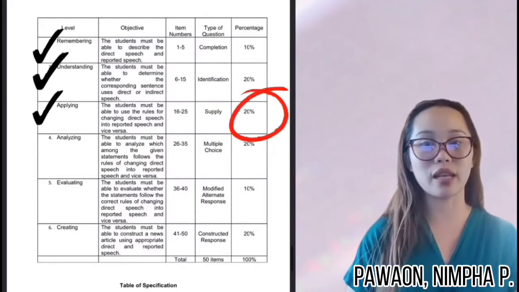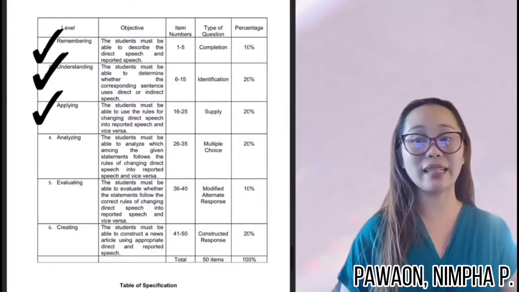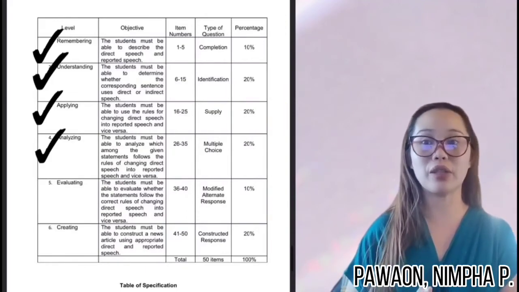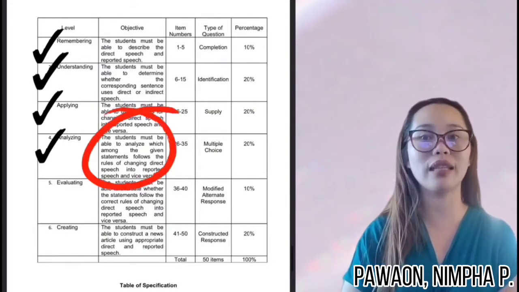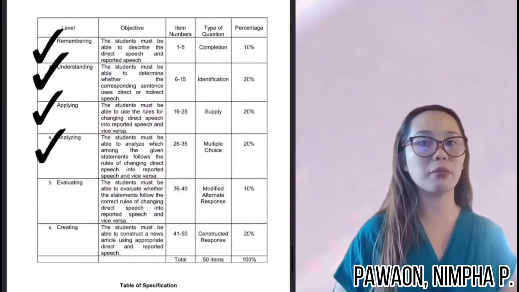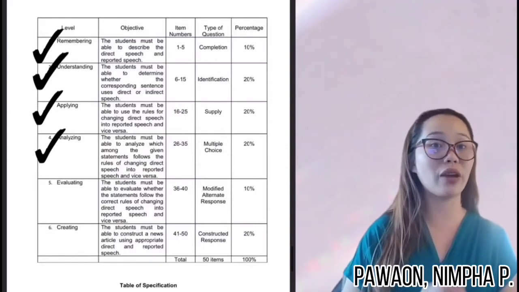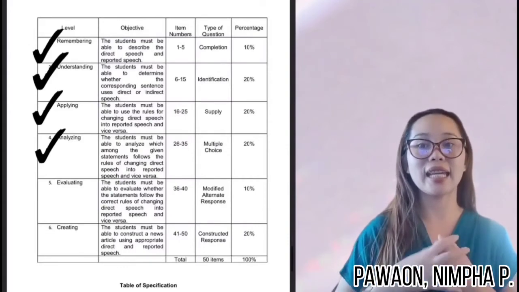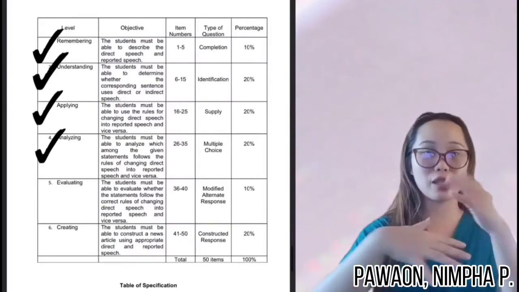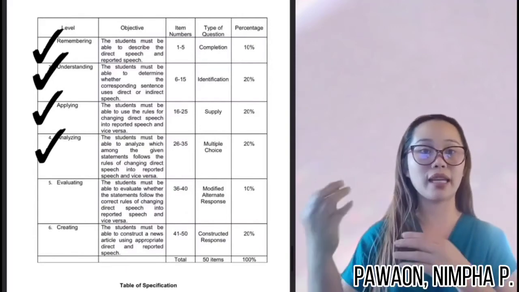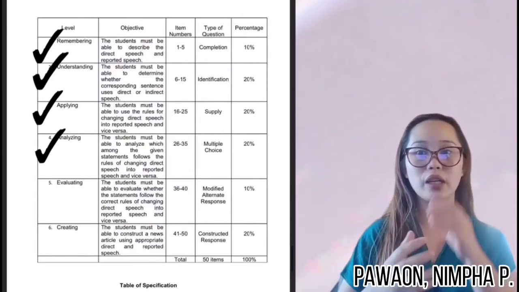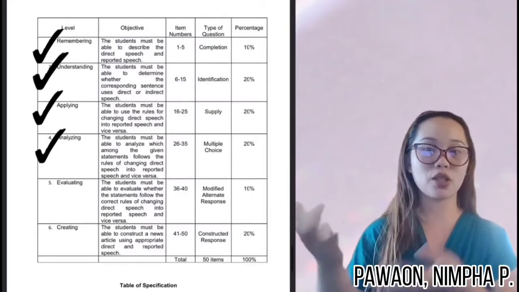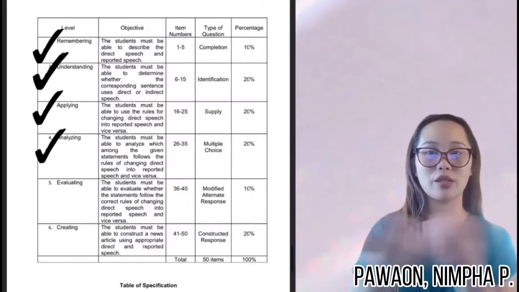It is 20%. The fourth level here is analyzing, and our objective is that the students must be able to analyze which among the given statements follows the rules of changing direct speech into reported speech and vice versa. Same as applying, they will identify if it is indirect speech to direct speech or vice versa.